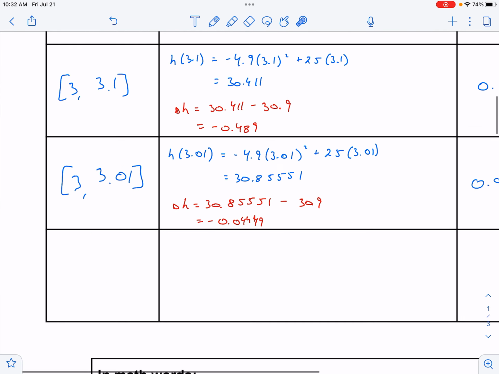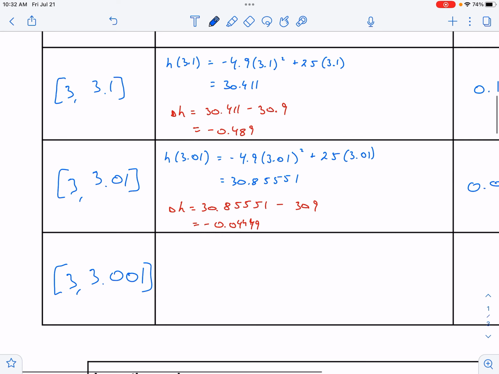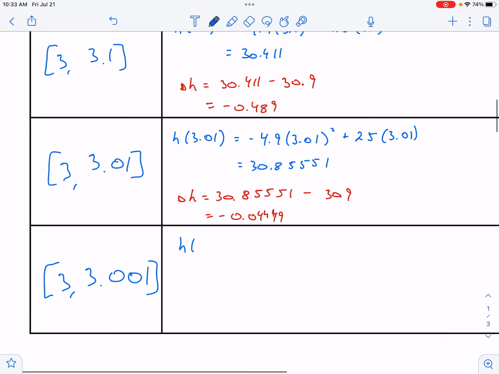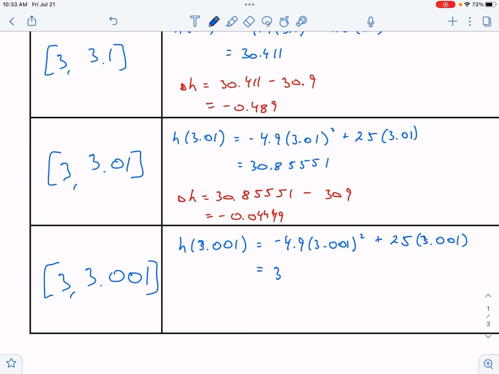Last one that we'll see. Let's check against the interval between 3 and 3.001. H of 3.001 is negative 4.9 times 3.001 squared plus 25 times 3.001, which is equal to 30.8955951. I'm writing out all the decimal places intentionally because I want to be precise.